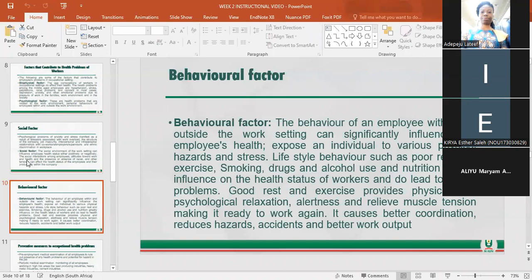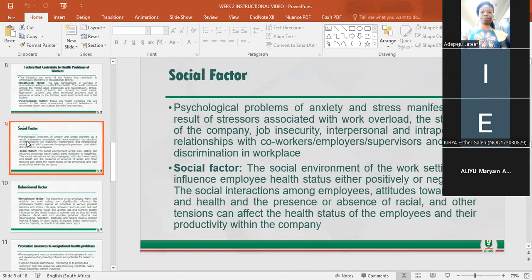So when we say social factor, social factor has to do with your environment, which can either be positive or negative.